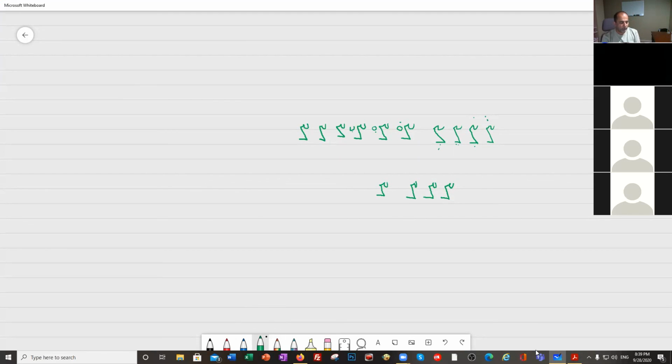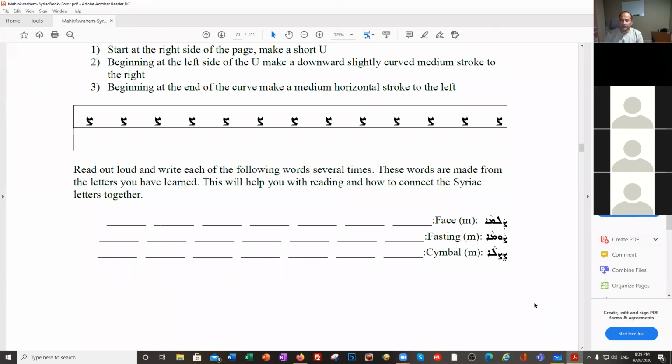I have three words at the bottom of page 46. I want you guys to start practicing those. What is the first one? How do we say face? I know you have heard patha, but I have another word for face.